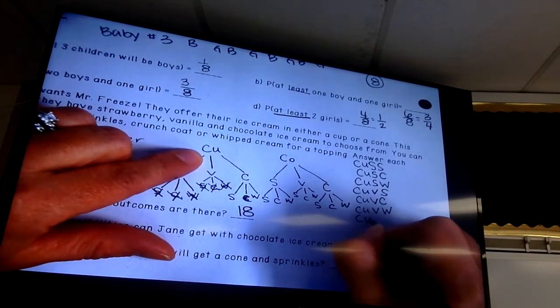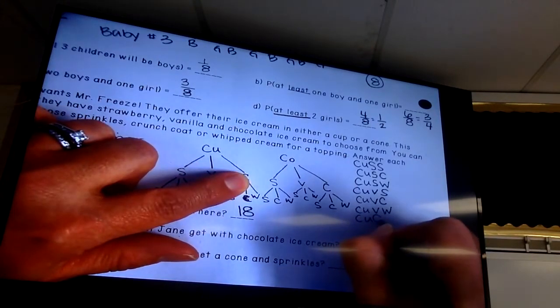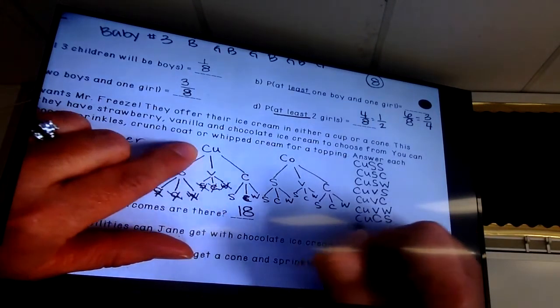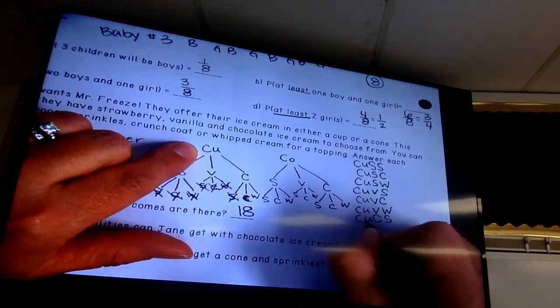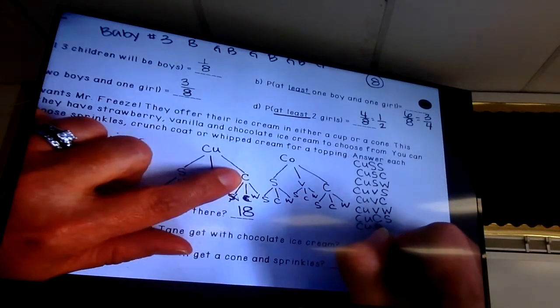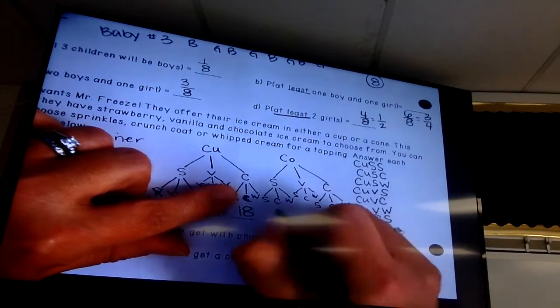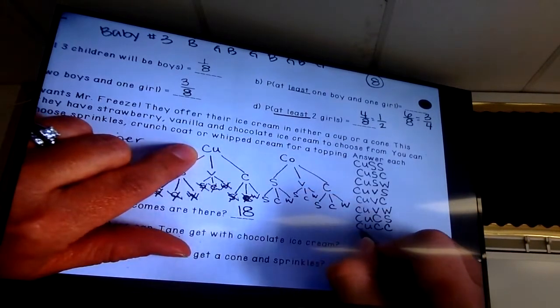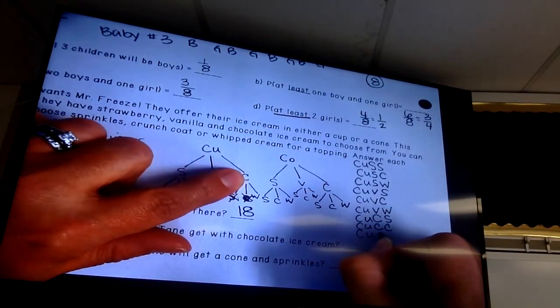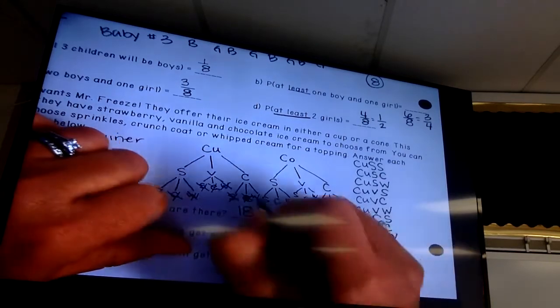Or I could have a cup with chocolate and sprinkles, or a cup with chocolate and crunch coat, or a cup with chocolate and whipped cream.